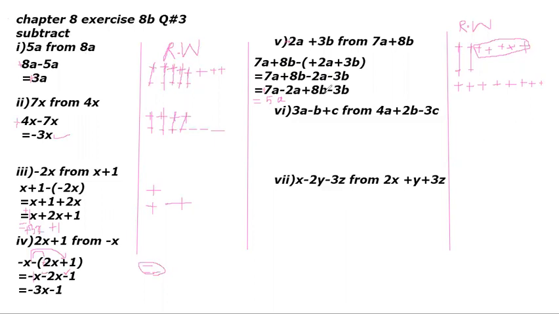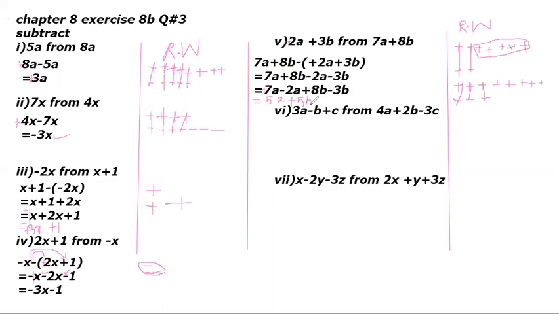I have done positive 8b. Now negative 3b: negative signs 3 times. Now we'll cancel the positive with the negative. And how many signs are left over? 1, 2, 3, 4, 5. Positive 5 signs are left over. So positive 5b.